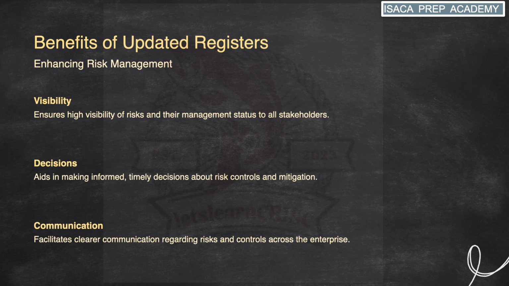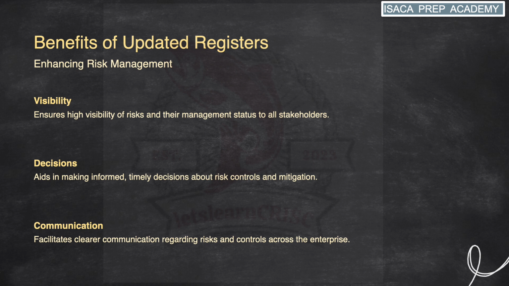Additionally, transparent communication encourages active engagement and collaboration among stakeholders, allowing for the exchange of insights, perspectives, and feedback on risk-related matters. Friends, this collaborative approach enhances the organization's ability to identify emerging risks, assess their potential impact, and develop effective mitigation strategies collectively.